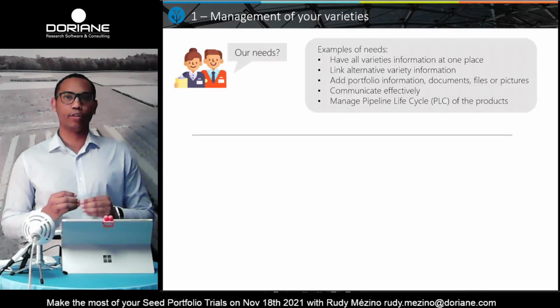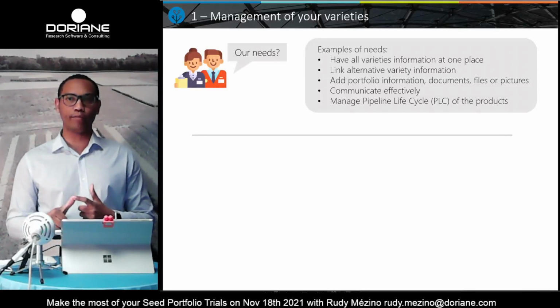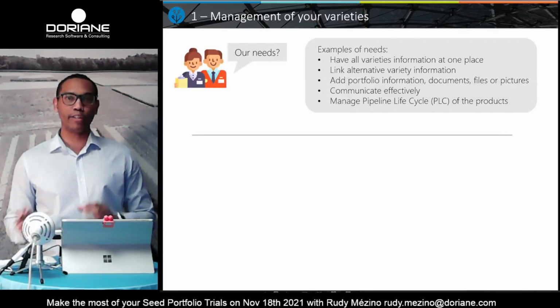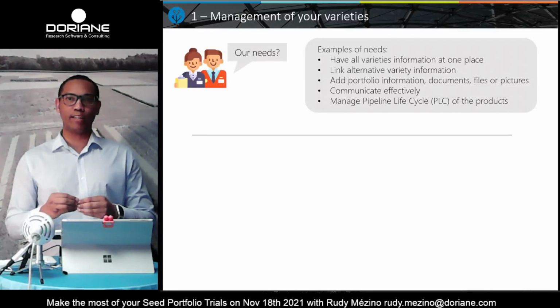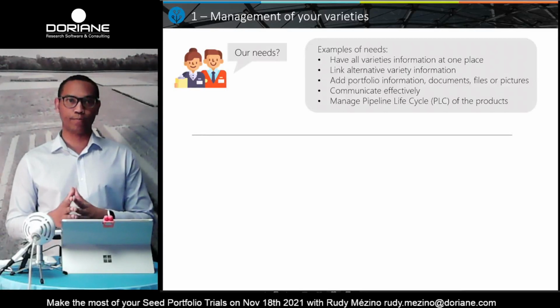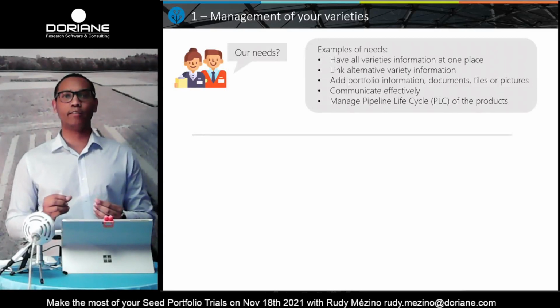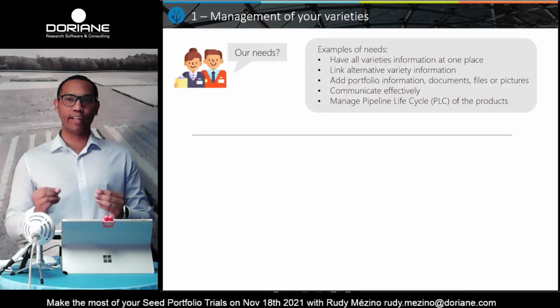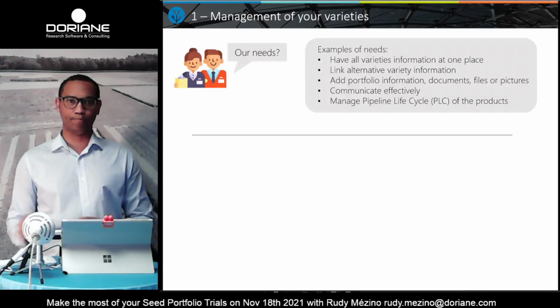They need the flexibility to add portfolio information, documents, files, pictures. They need to communicate effectively between teams, collaborators, customers. They need to manage the pipeline lifecycle of their varieties over years. This is a non-exhaustive list of needs, but it can give you a global idea.